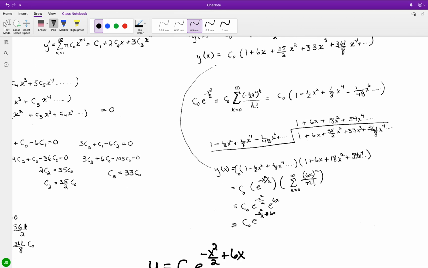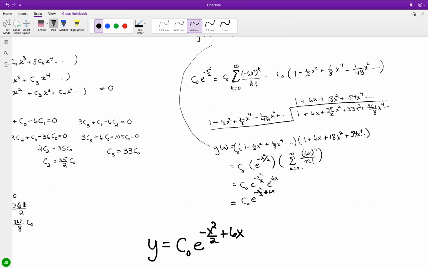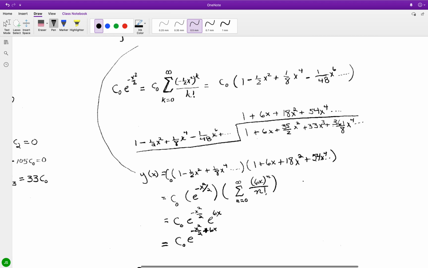And in factored form, I have c naught, and I have times e to the negative 1/2 of x squared with this expansion. And then we have with the quotient. And this would translate out to the summation as n goes from 0 to infinity of the quantity of 6x to the n over n factorial.